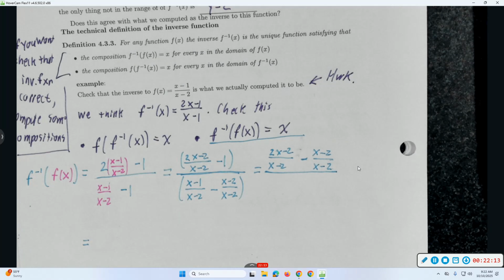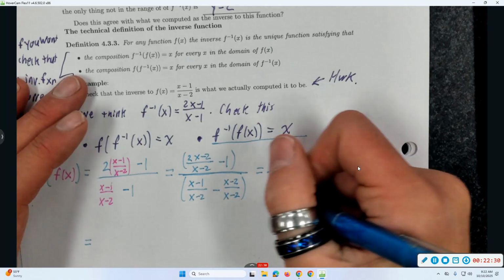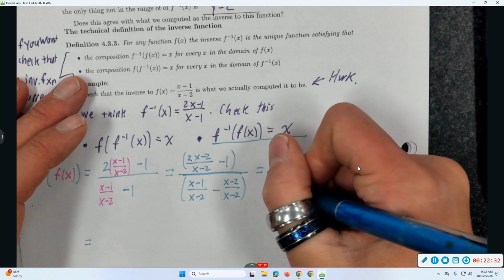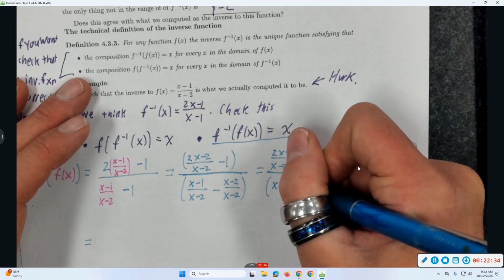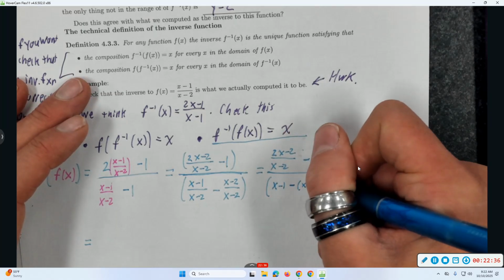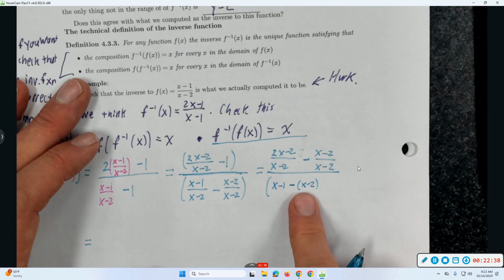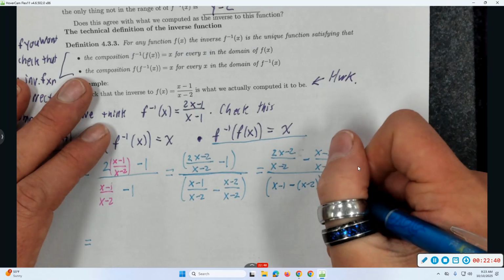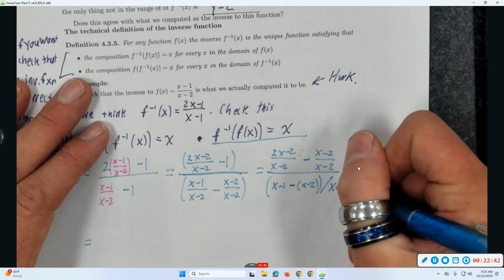The whole point of getting common denominators is so you can add or subtract fractions. So what does just the denominator, what does just this piece simplify to? x minus 1 minus x minus 2 all over x minus 2. Awesome. x minus 1 minus x minus 2, and you need those parentheses because you want to subtract all of x minus 2, all over x minus 2.